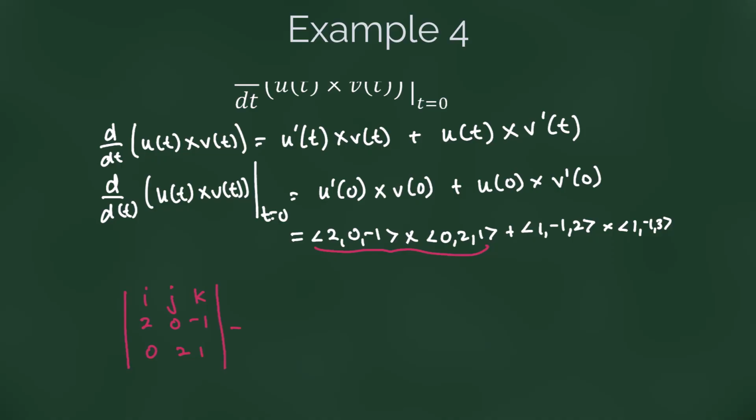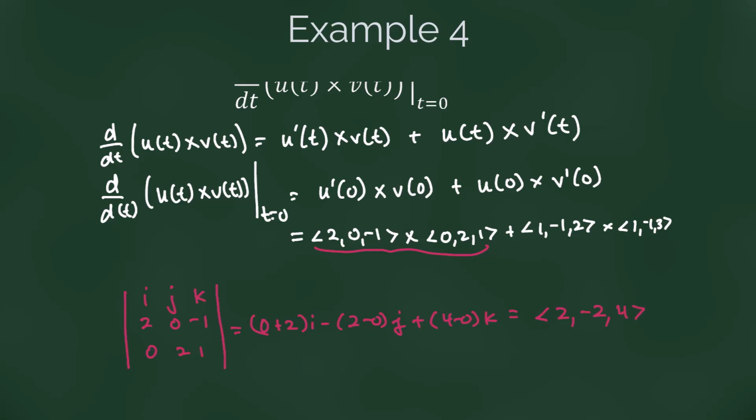So we get 0 minus negative 2 times i, minus 2 minus 0 times j, plus 4 minus 0 times k for our first one. So that is going to be the vector 2, negative 2, 4.